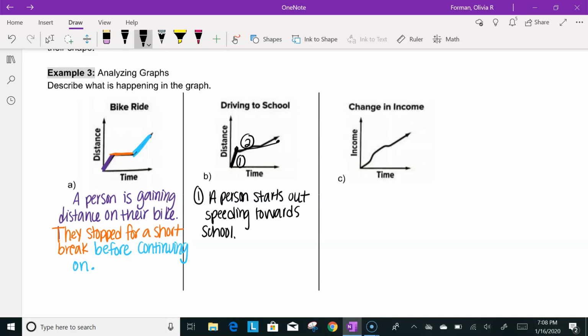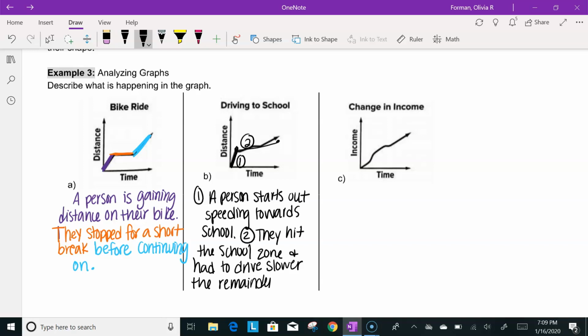So for that second part, I then said that they hit the school zone and had to drive slower the remainder of the time.